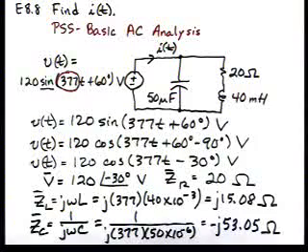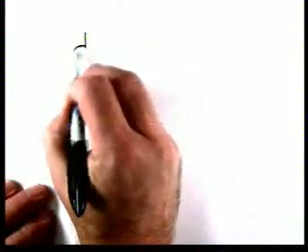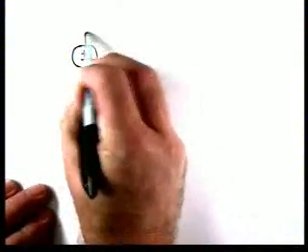So now we've completed step 1. Now for step 2, we're going to combine impedances and solve for the phasor current I. So let's draw the frequency domain circuit for this problem.